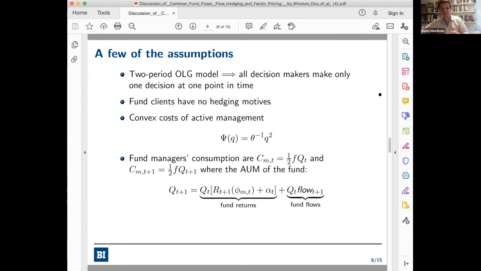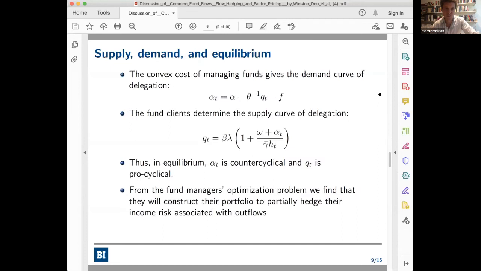That would, for each period, be half of the fixed cost of management times the assets they have under management, their AUM. And what will AUM be next period? AUM next period will be partly due to the returns you are able to generate for the funds currently under management, and whether you get inflows or outflows. So these are four crucial assumptions.